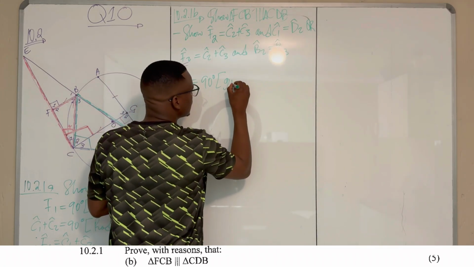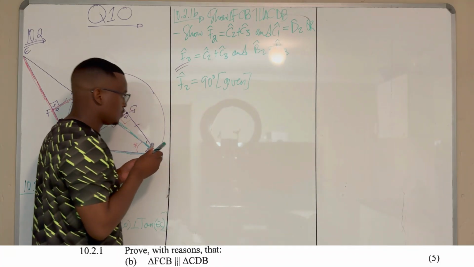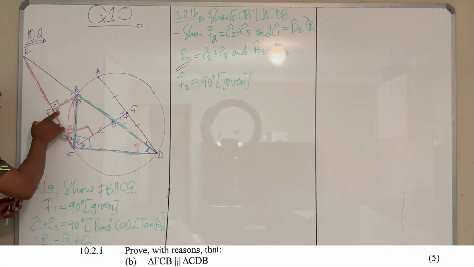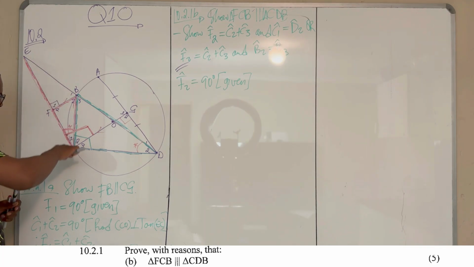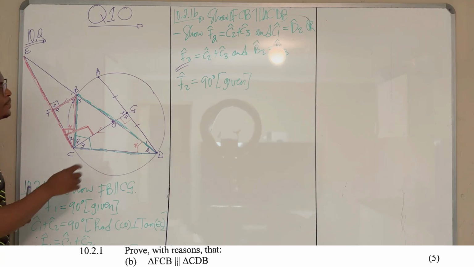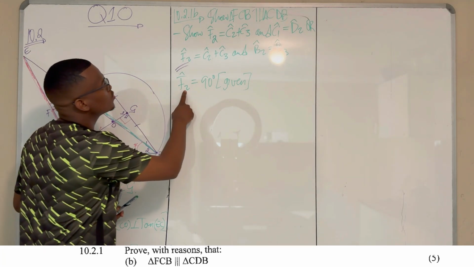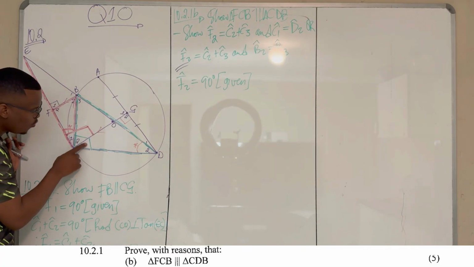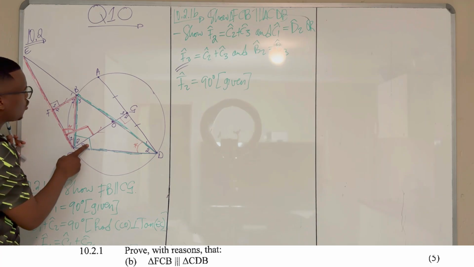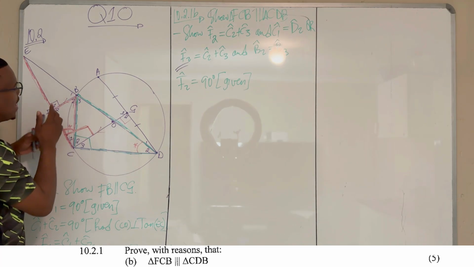This was given. This angle F2 is equal to 90 degrees because our FB is perpendicular to EC. And then I'm trying to say F2 is equal to C2 and C3. Where is C2 and C3? C2 and C3, we said this was 90 degrees as well. Why? Because it's an angle that is subtended by a diameter.